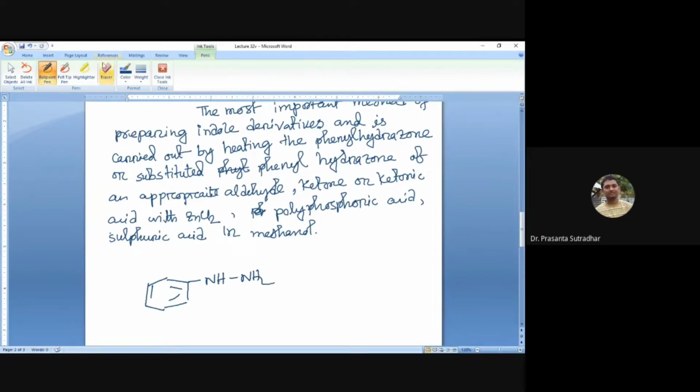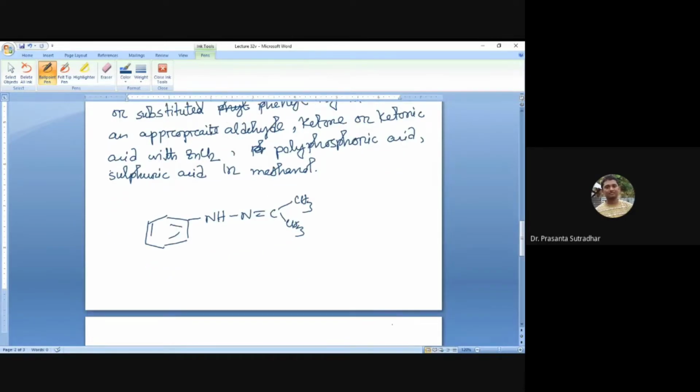Now I will substitute it by another group, that is, you will have CH3, CH3. So this is one phenylhydrazone derivative.